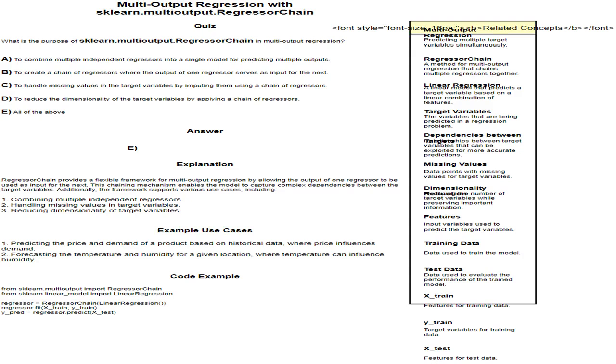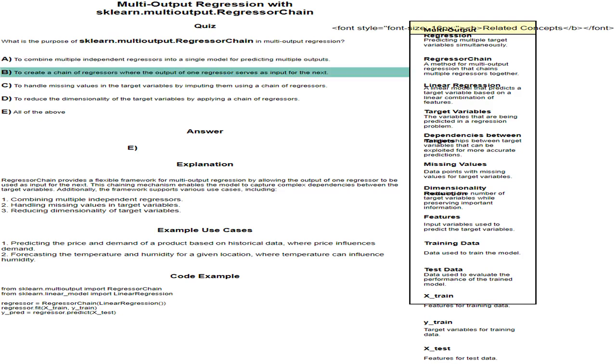What is the purpose of the sklearn multioutput RegressorChain in multi-output regression? To combine multiple independent regressors into a single model for predicting multiple outputs.